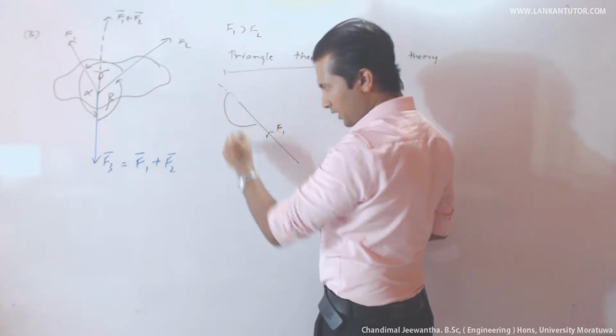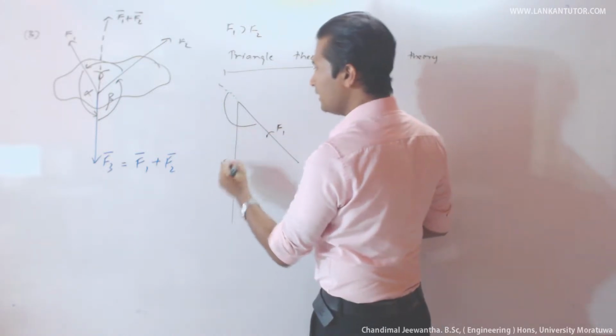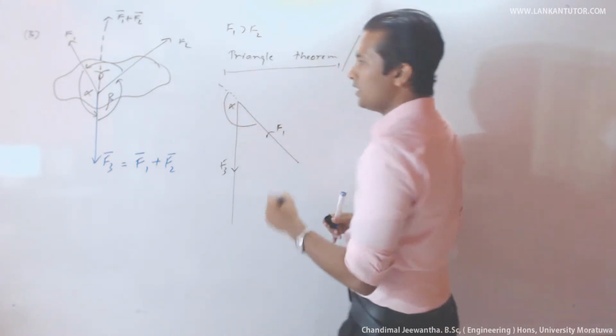End point of F1. So this is F3, this is alpha.